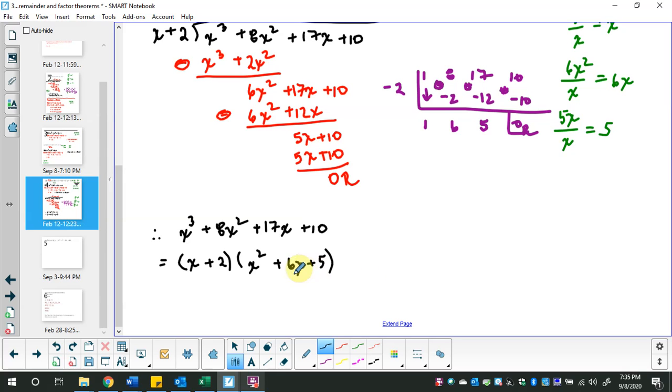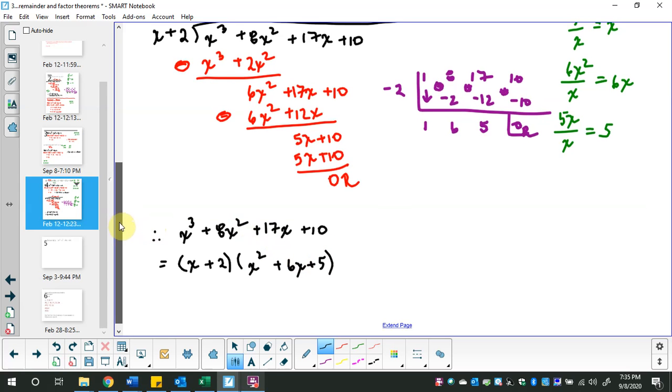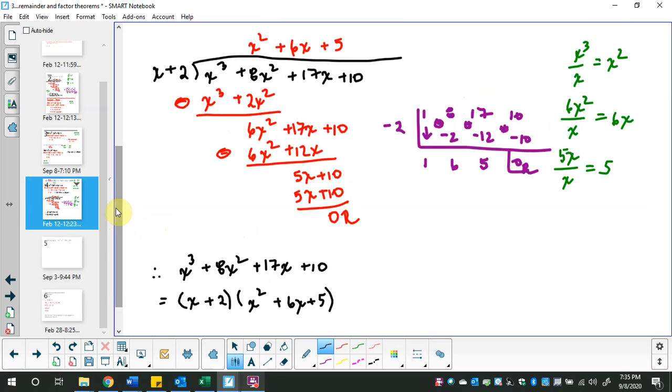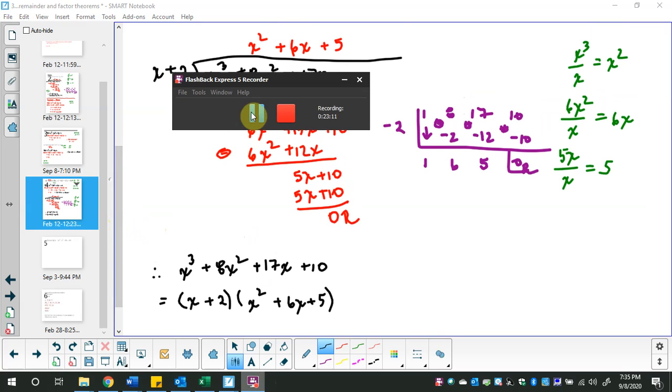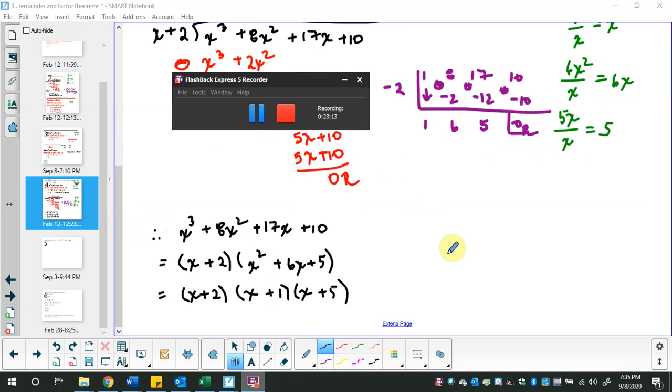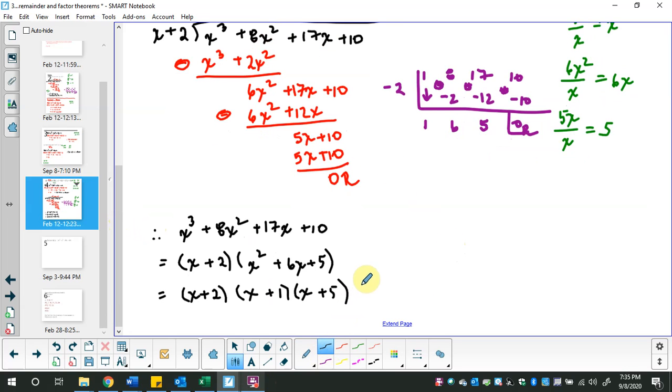So can we find, this is a simple trinomial, two numbers that multiply to be 5 that make 6? I'll let you struggle with that for a second. Did you find them? Two numbers that multiply to be 5 that make 6 when you're adding or subtracting are positive 5 and positive 1.